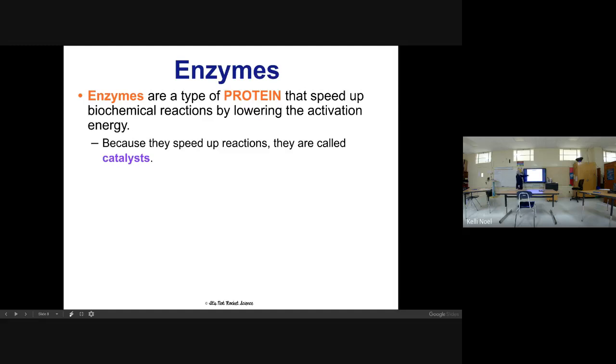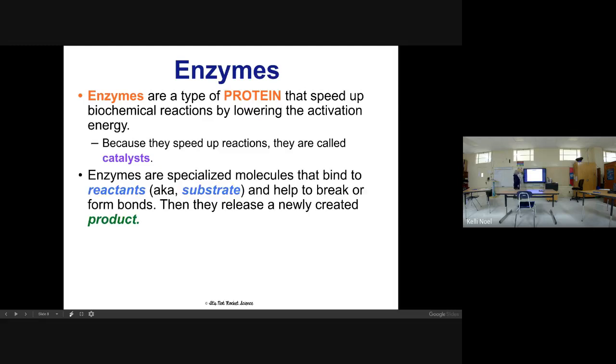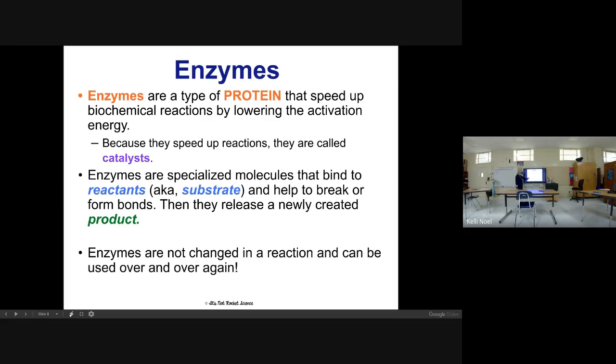And then another term for them is catalysts, because usually they're used to speed up chemical reactions. What they do is they will bond or attach themselves to a substrate, kind of like a puzzle, to the reactants, and it will either help break that reactant apart, or it will help bind two reactants together to create a new product.